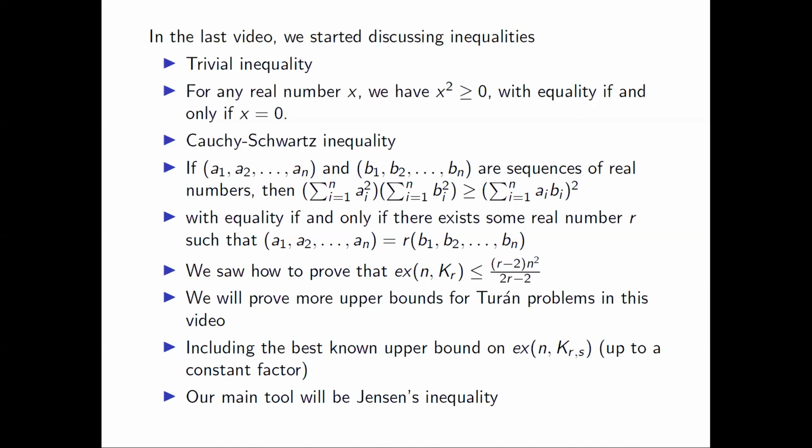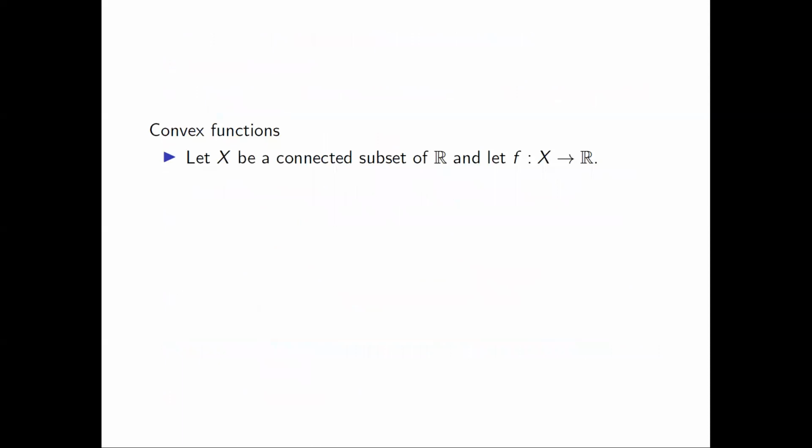Before we state Jensen's inequality, we need to define a couple of things. First, let's define convex functions. So suppose that big X is a connected subset of the real line, so X is an interval, and let f be a function from X to the reals.